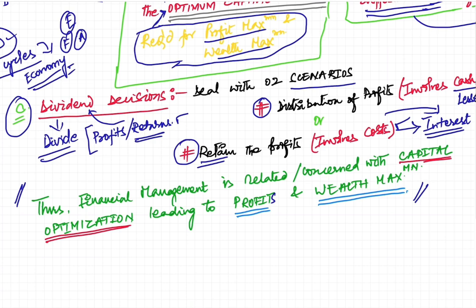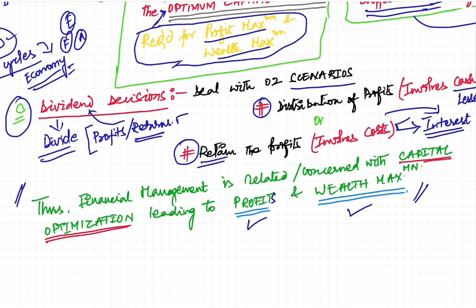In a nutshell, if you want to put it in one single line to understand better, financial management is related with capital optimization. Whatever money you raise for the purpose of doing business, how you are going to utilize it so that it leads to profits and ultimately leads to wealth maximization.